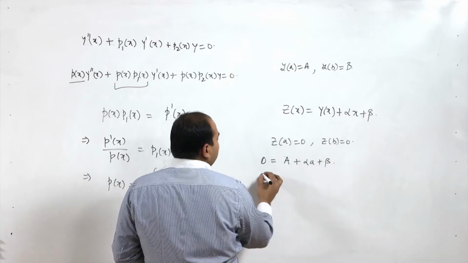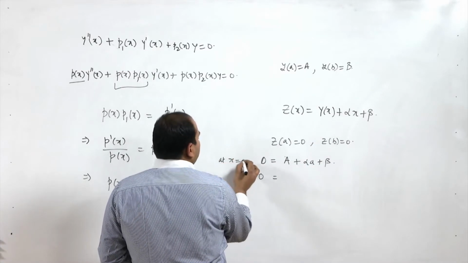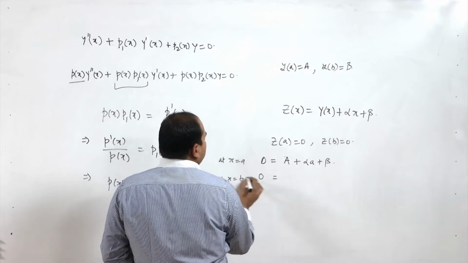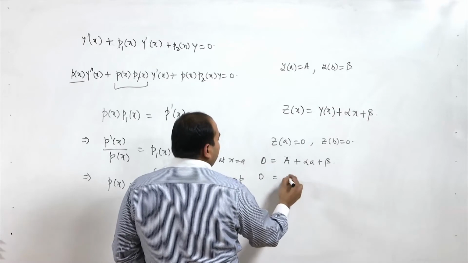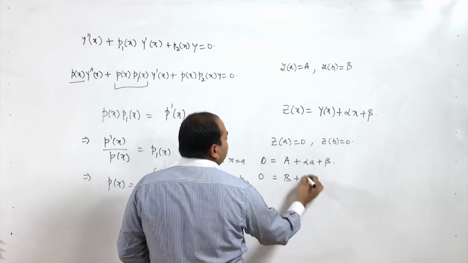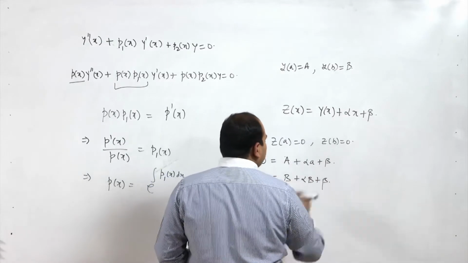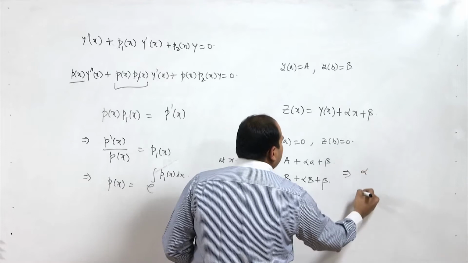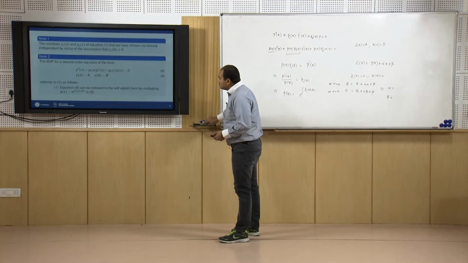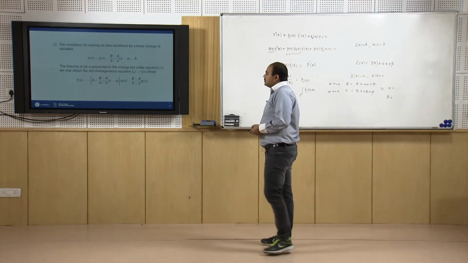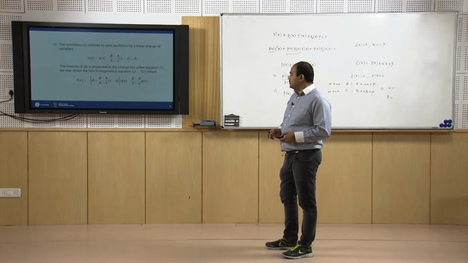Similarly at x = b, z(b) is 0, which we want, and y(b) is capital B plus alpha b plus beta. With the help of this you can easily find alpha and beta. Is that okay? So using this linear transformation you can convert our non-homogeneous condition to a homogeneous condition.